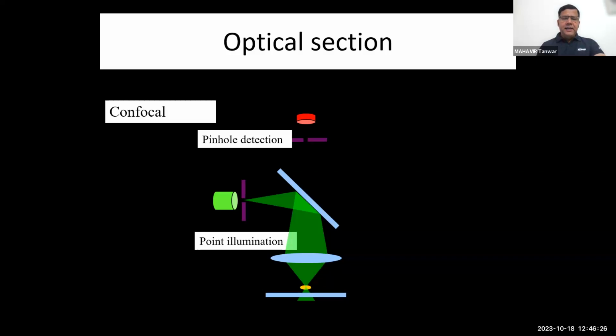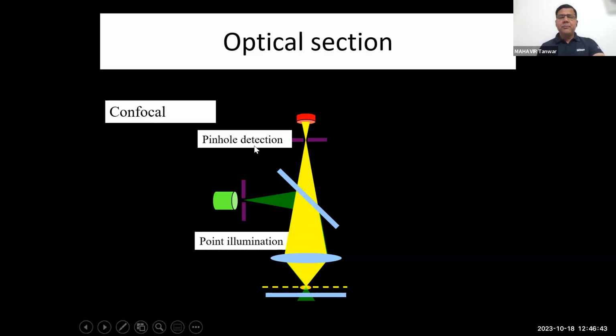So in the case of confocal, the illumination will be a point source, which is laser based. It is hitting the dichroic mirror through the different mirrors. It is going to the sample, and the emission is coming back to the same dichroic mirror. It is going through a pinhole to the detector.